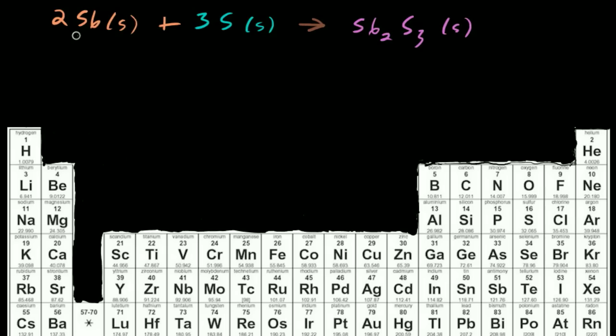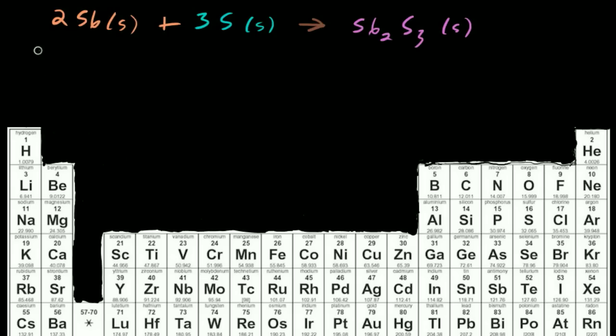Say we start with 1.97 grams of Sb, which is antimony, though I don't know how you pronounce it.